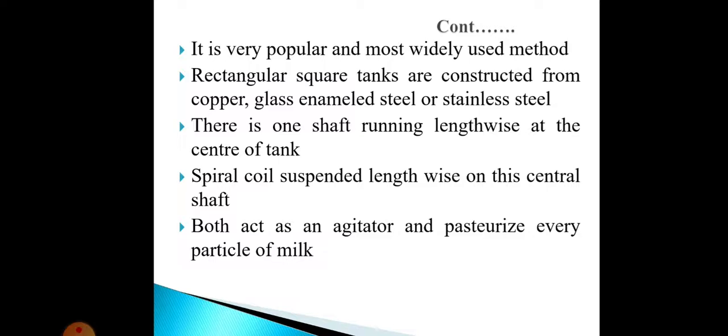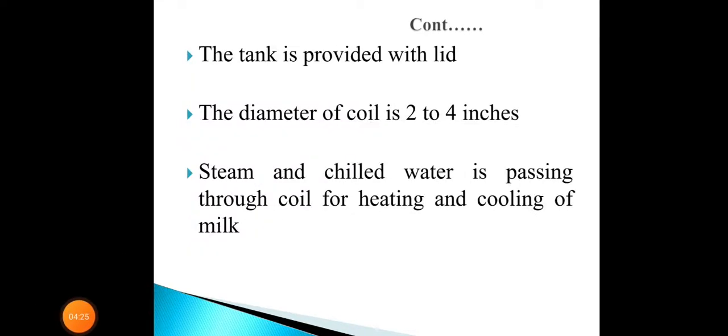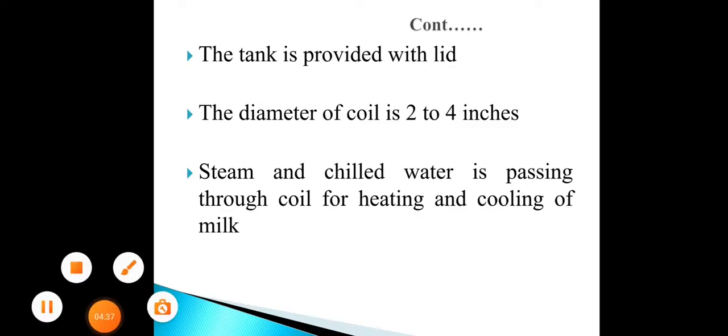Both act as an agitator and pasteurize every particle of milk. The tank is provided with a lid. The diameter of the coil is 2 to 4 inches. Steam and chilled water pass through the coil for heating and cooling of the milk.